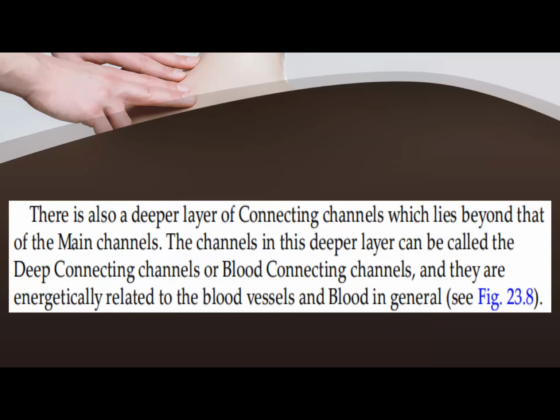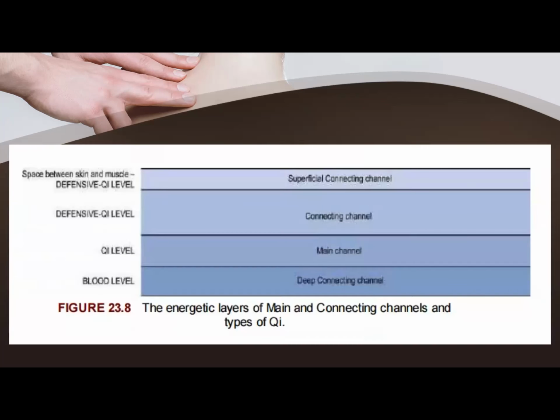There is also a deeper layer of connecting channels which lies beyond that of the main channels. The channels in the deeper layer can be called the deep connecting channels or blood connecting channels. They are energetically related to the blood vessels and blood in general.